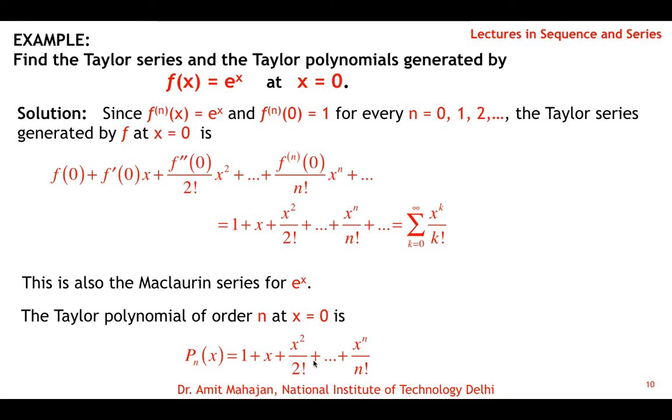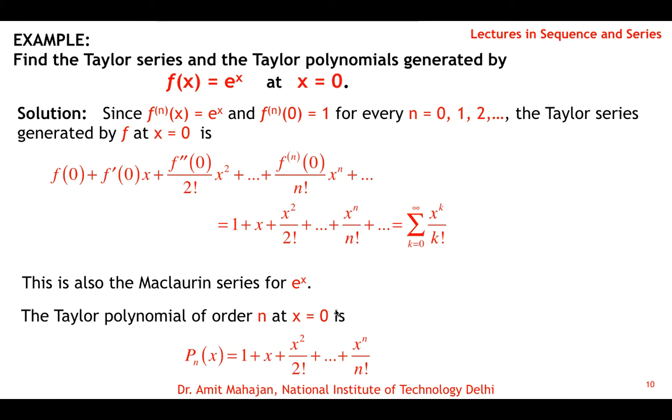So this is how you can calculate the Taylor series and the Taylor polynomials. So one question is clear: if a given function is differentiable for all orders, then you can write the corresponding series.